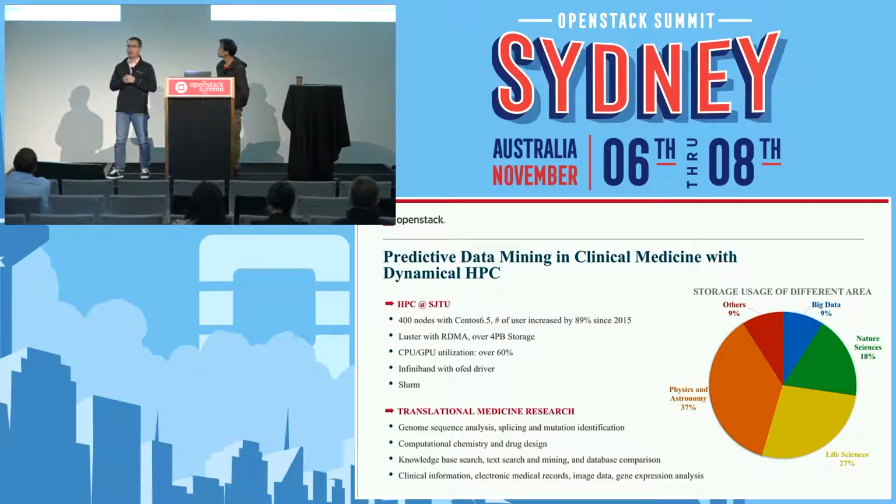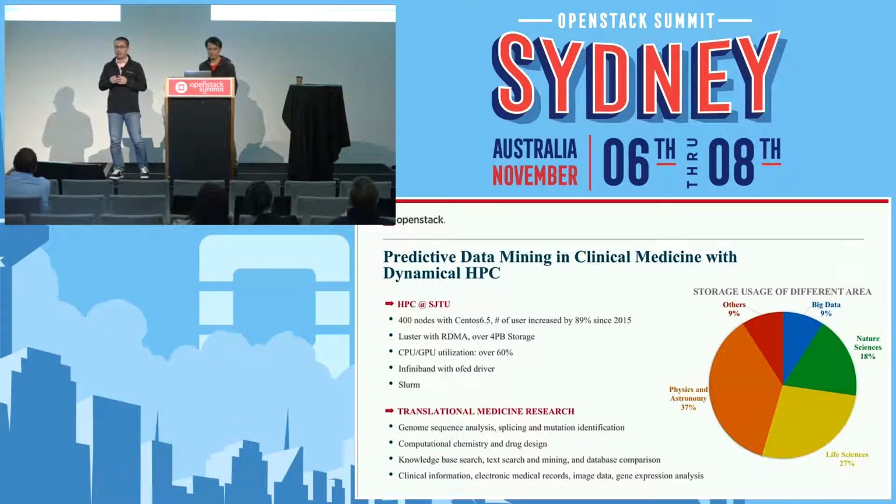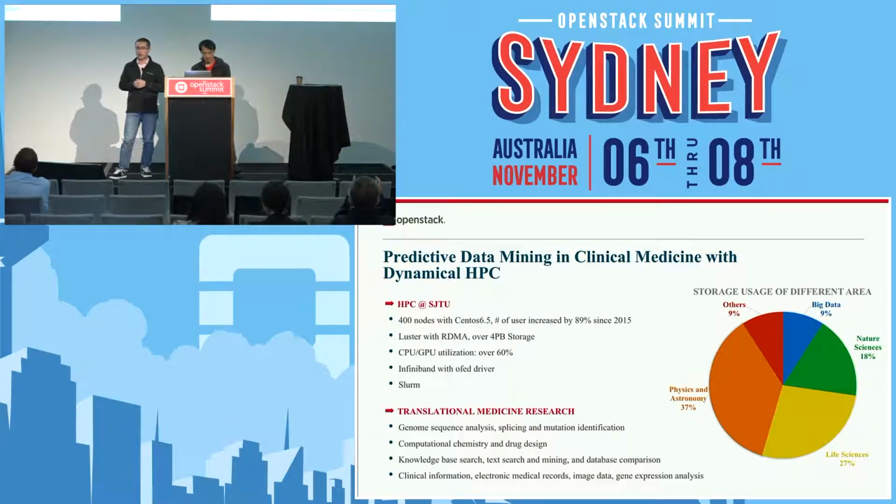Shanghai Jiao Tong University has established an HPC cluster of about 400 nodes since 2015 to provide services within the university. But currently, the HPC cluster is dedicated.